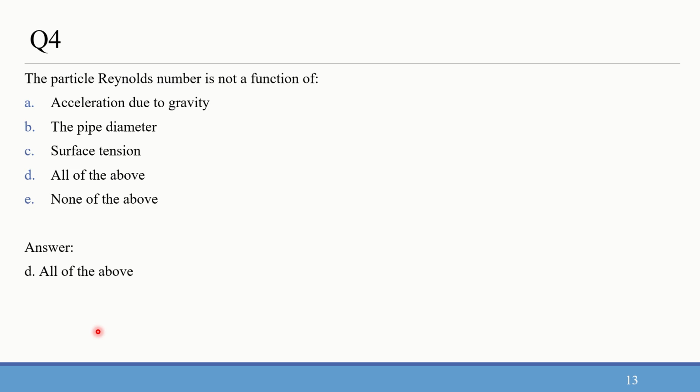Whenever we are talking about Reynolds number, we have different Reynolds numbers like flow Reynolds number, particle Reynolds number. We need to make sure in what context we are talking about, because mostly it is rho v d by mu or rho v L by mu, where L is the characteristic length which varies depending on what we are talking about.